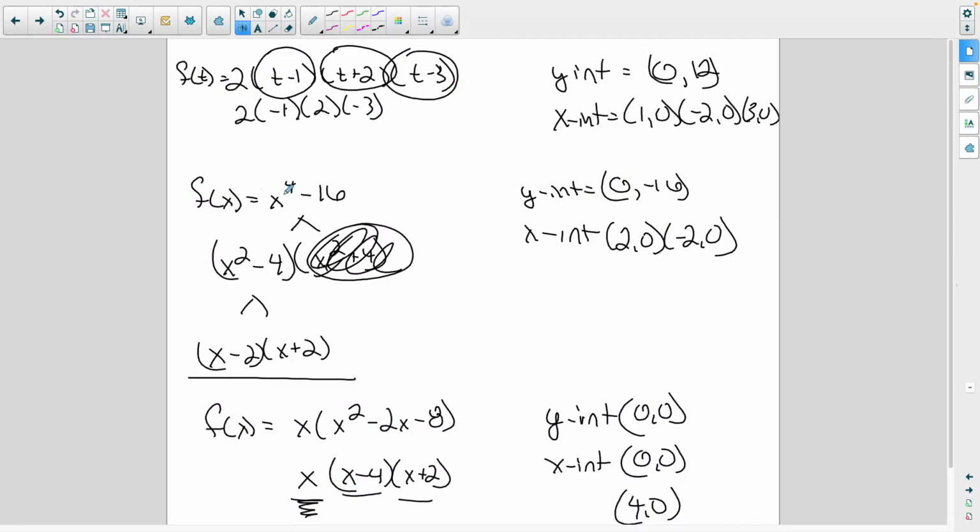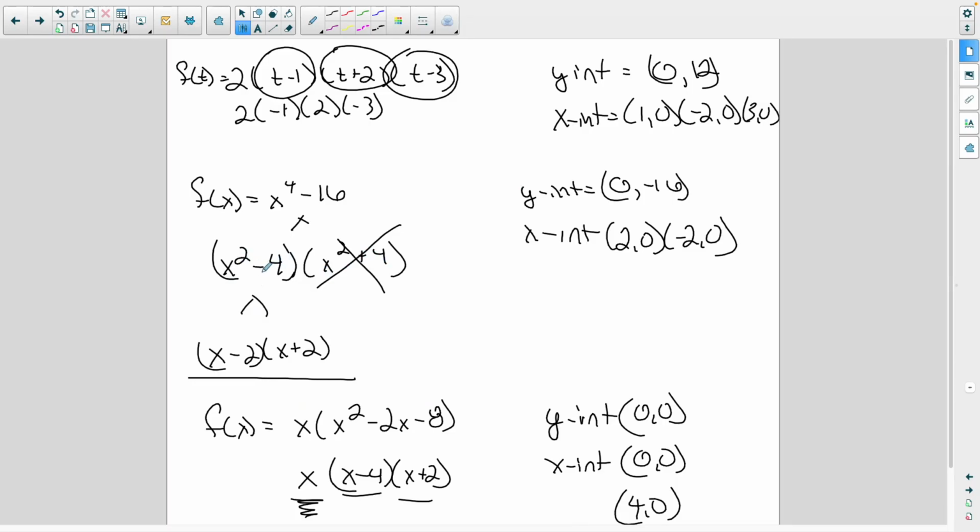This next one, we have x to the fourth minus 16, and we have to factor it. When we factor it, it's x squared minus 4 and x squared plus 4. This does not have a factor. Also, if you were to set this equal to 0, it would be imaginary numbers, so that actually doesn't have an x-intercept.